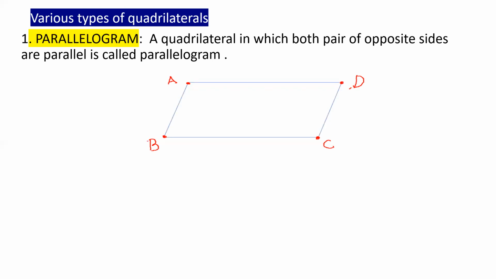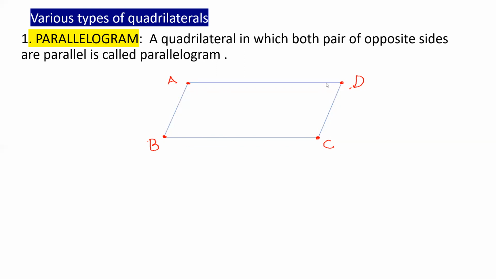Some properties are applicable in a parallelogram. Opposite sides are equal, opposite angles are equal, and consecutive angles are supplementary. Angle A plus angle B is 180 degrees, angle B plus angle C is 180 degrees, angle C plus angle D is 180 degrees, and angle A plus angle D is 180 degrees.